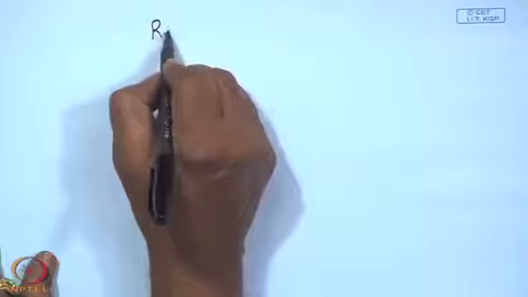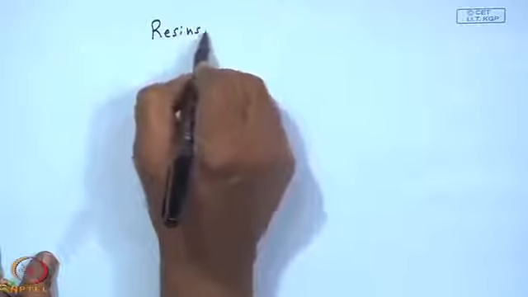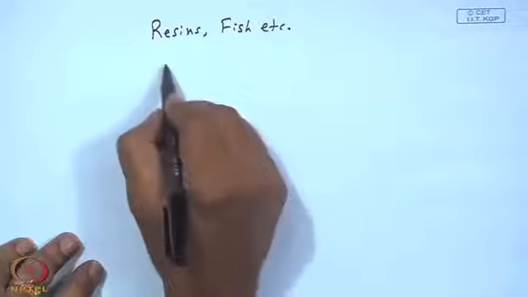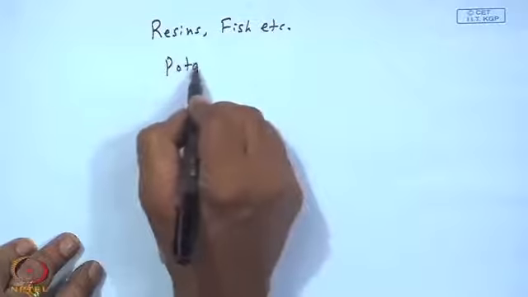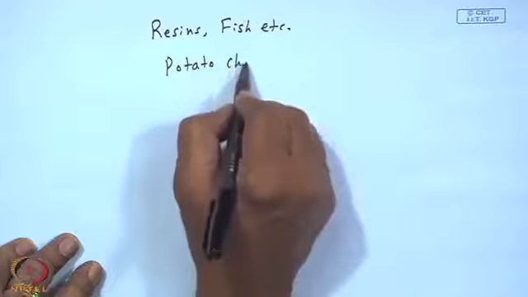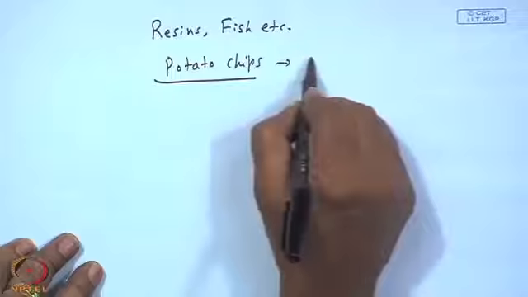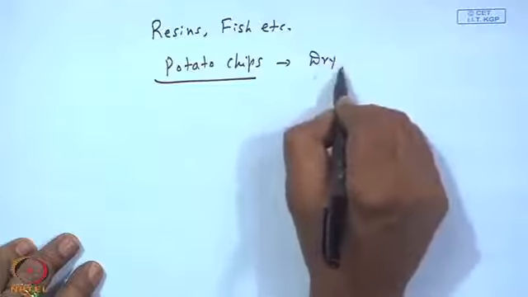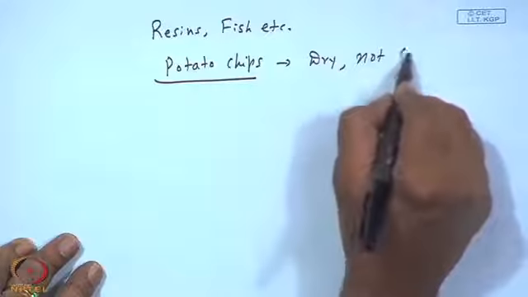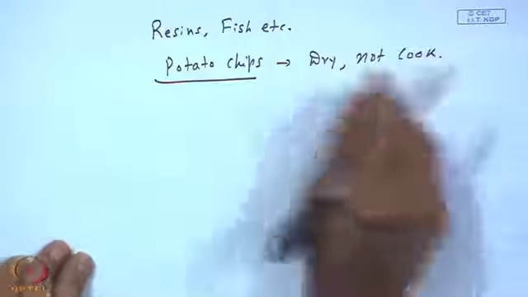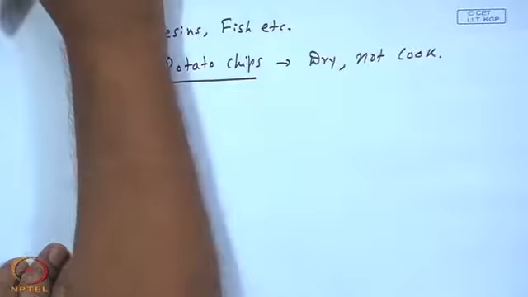Then in addition, you may have resins and fish, etc., and maybe even potato chips. One should be careful that it should dry and not cook. This can happen if the moisture is a little higher and the temperature is a little higher.